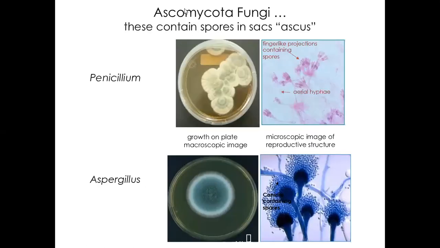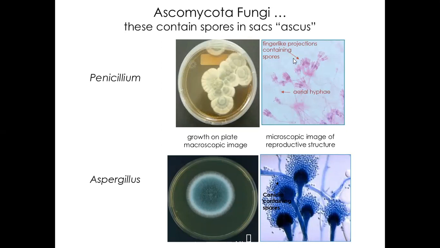All right. Here's another fungus, Ascomycetes. They get this name because their spores are in little sacs. Penicillin is one of these. You know penicillin to be a beneficial drug, and it's kind of a mold, a fungus that's a mold, kind of.